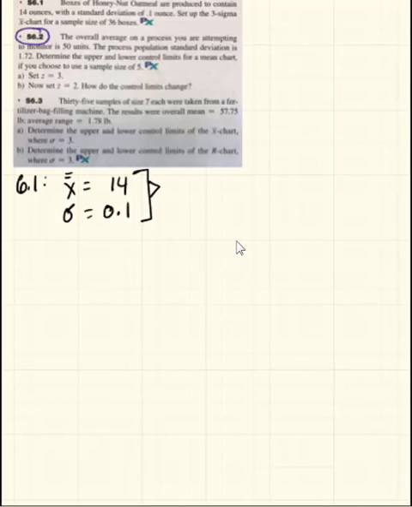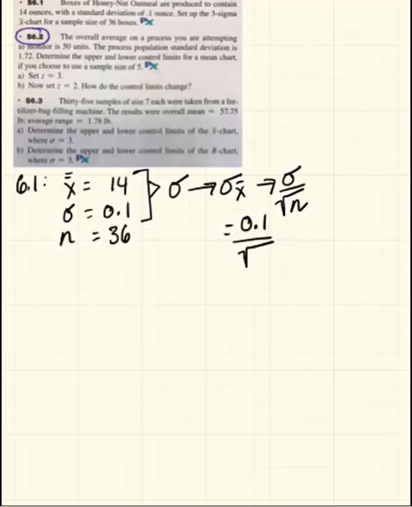In order to go from here over to here, we need to take our standard deviation and divide it by our square root of n. And I added there the n of 36.